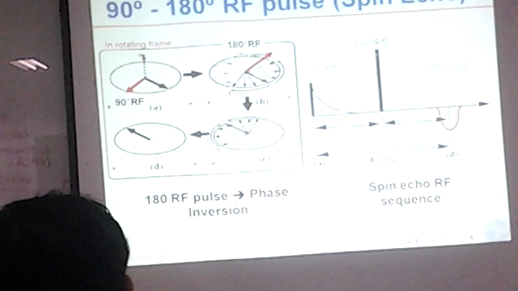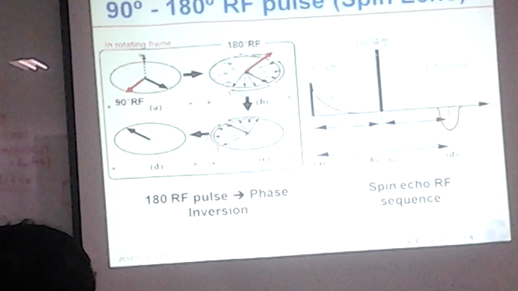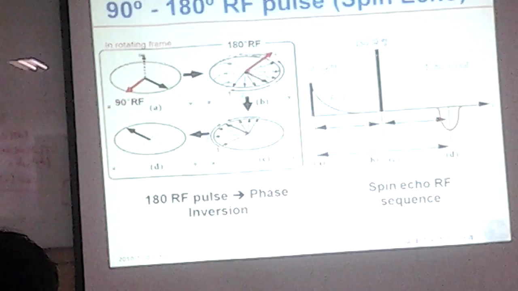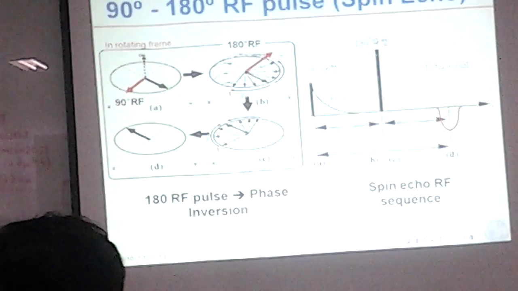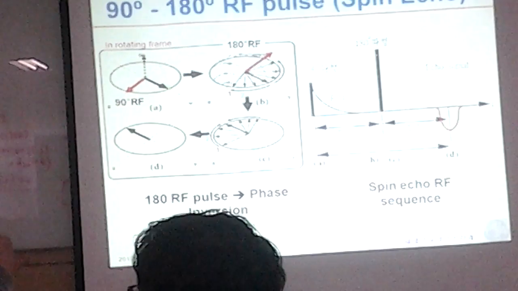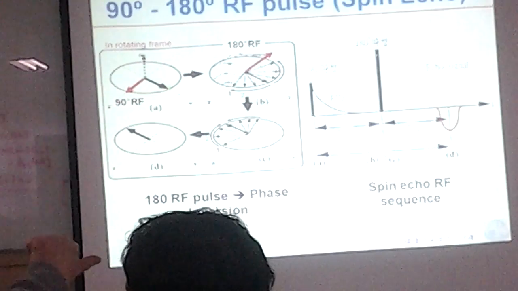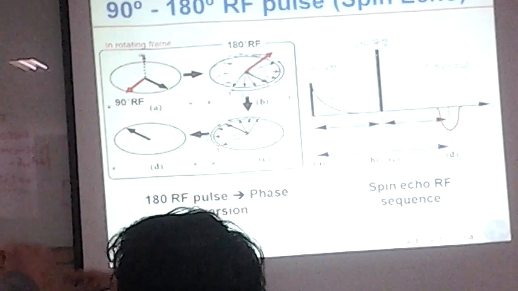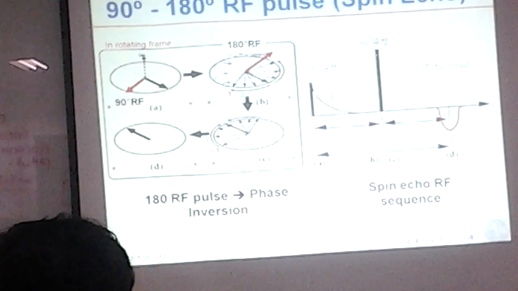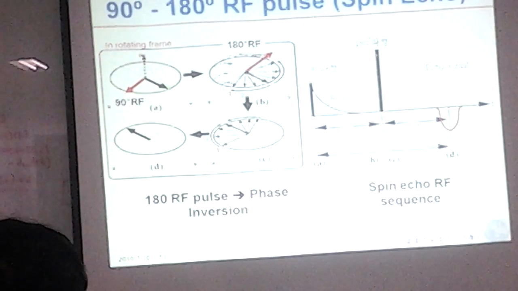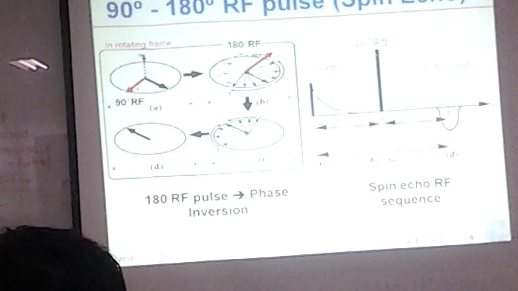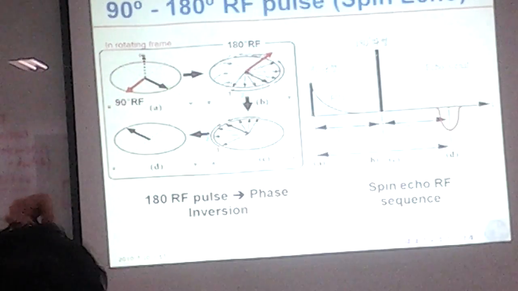Next slide. Yeah, this arrow shows the direction of flip of individual spins because the RF pulse is applied in this direction. So if we use the left hand directions, right? This is the RF pulse and this is the spin flip direction. For the 90-degree RF pulse, this is the RF pulse and the flip direction is the other fingers' direction.